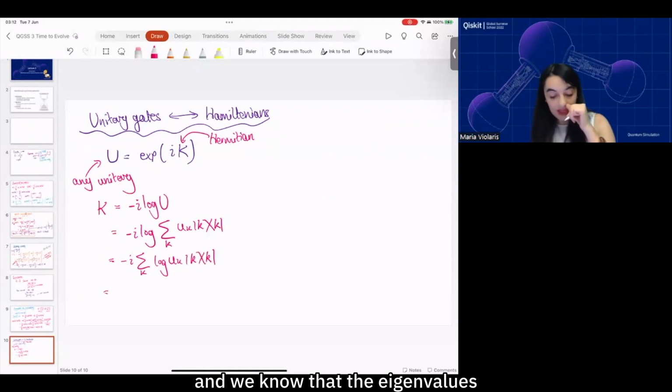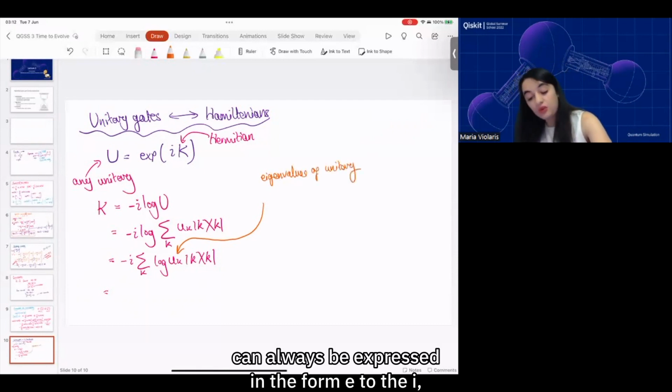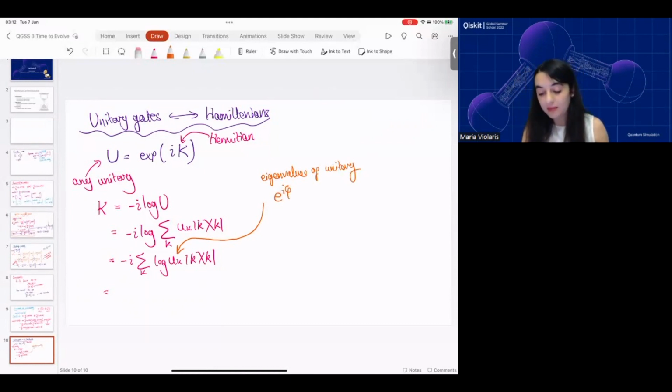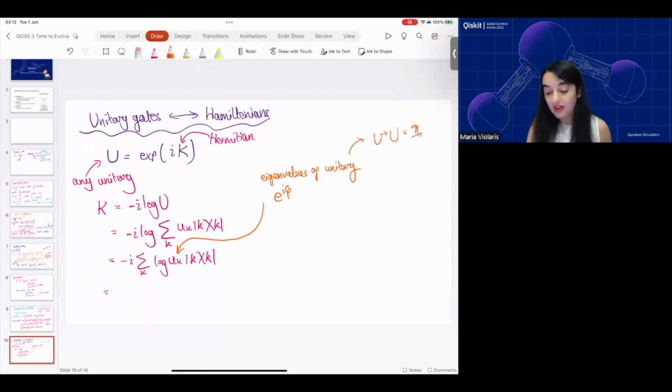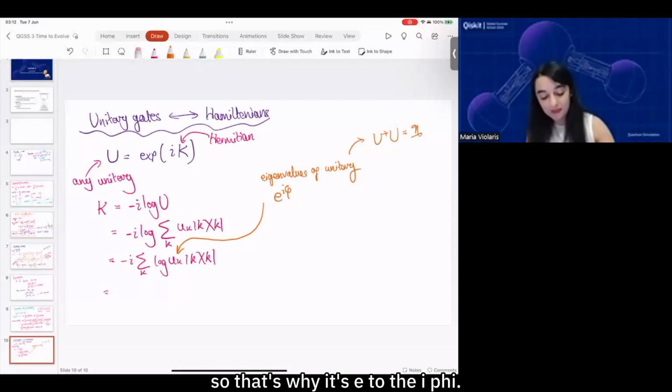We know that the eigenvalues of a unitary matrix can always be expressed in the form e to the i phi for some parameter phi. You can check that because they always just have to have modulus 1. So that's why it's e to the i phi.